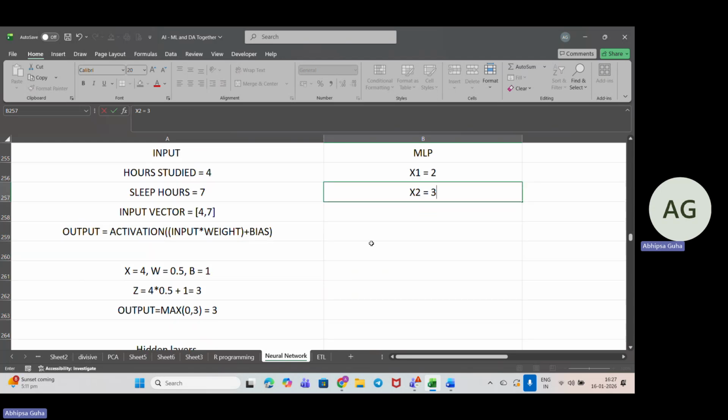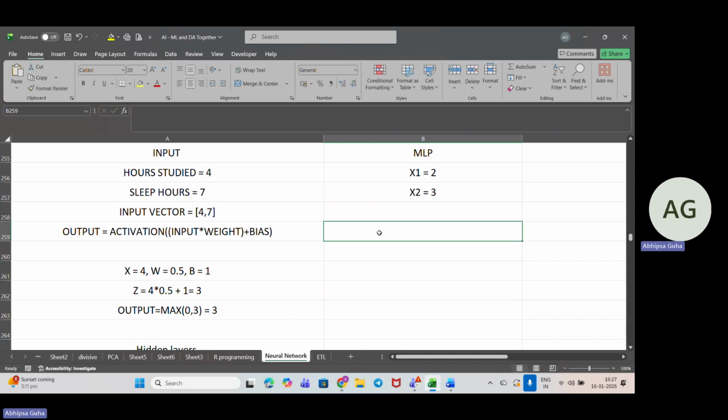From here we take it down to the hidden layer, which contains two neurons. So for the hidden layer's two neurons we assign the weights. There are two inputs, so there should be four weights.